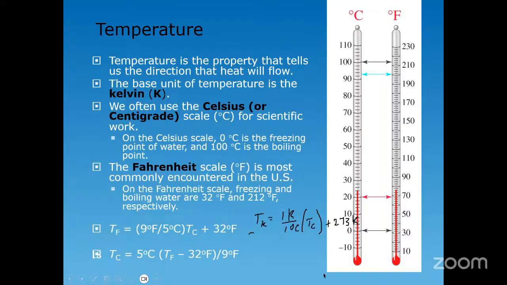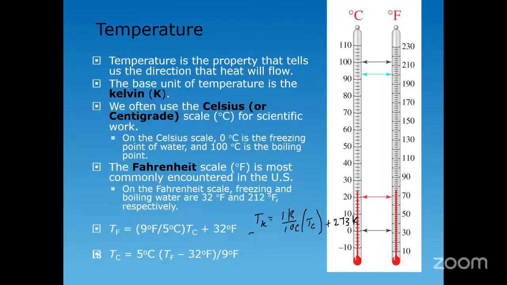And then I think what they did here was room temperature, which is about 20 degrees, give or take. If you put that here, then you're going to get the temperature expressed in Fahrenheit being about 69 degrees or so. So that just shows you the relationship between the Fahrenheit scale and the Celsius scale.